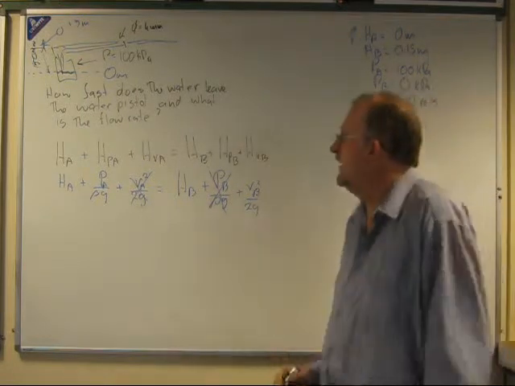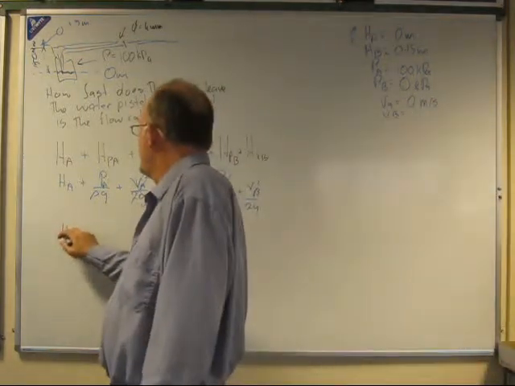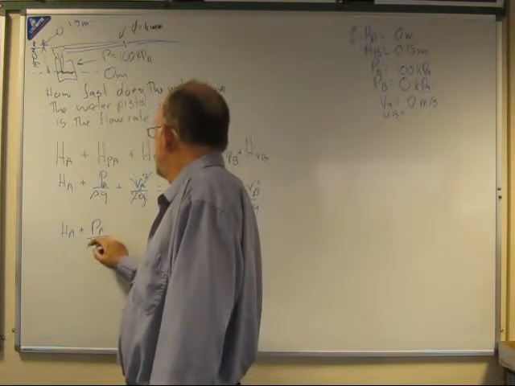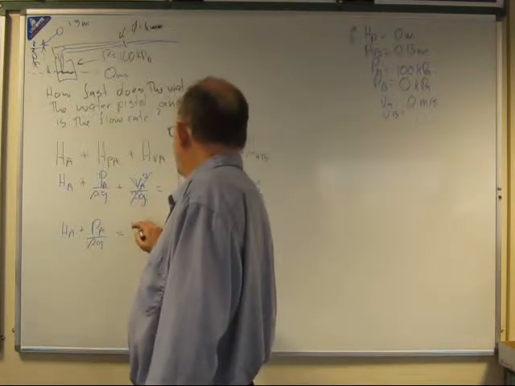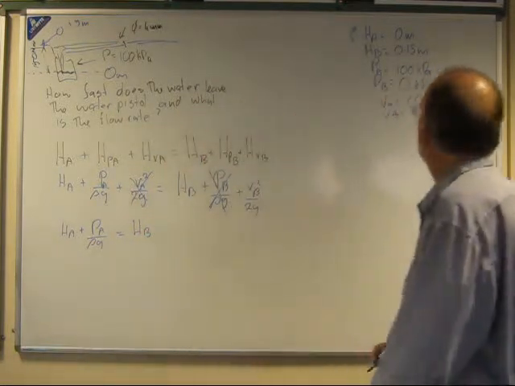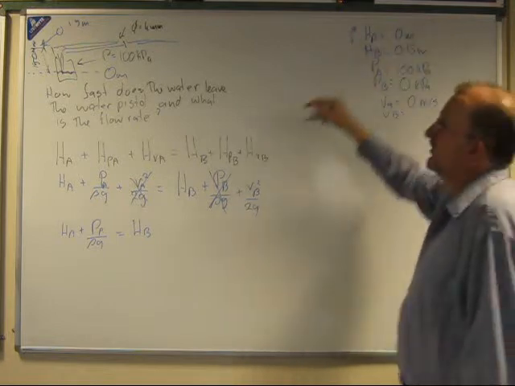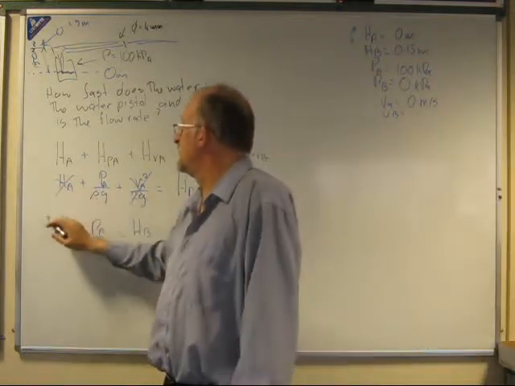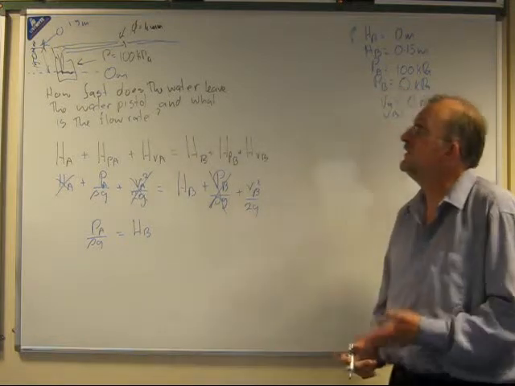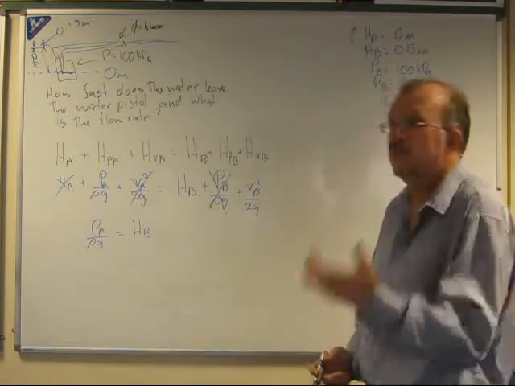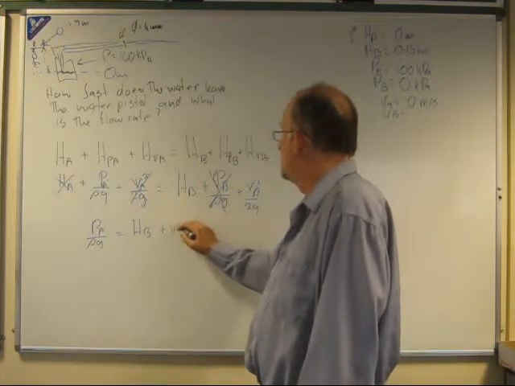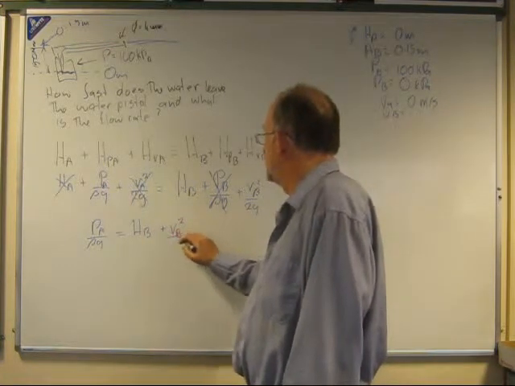So now I have HA plus PA over rho G equals the head of B. Sorry, I can also get rid of that term, can't I? Because that is equal to 0 as well. So the only thing in the system driving the liquid is this pressure, PA over rho G, which is equal to the head of B plus the velocity at B squared over 2G.